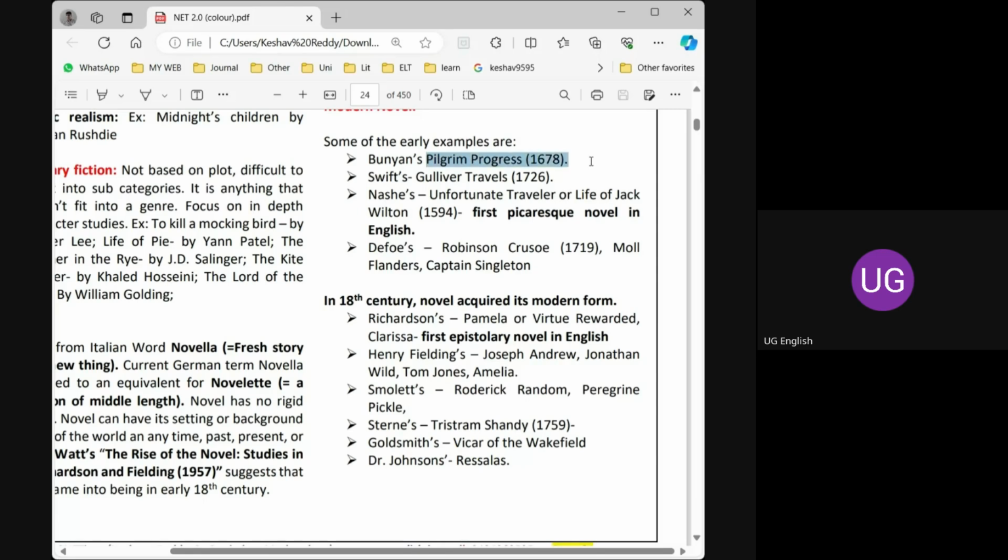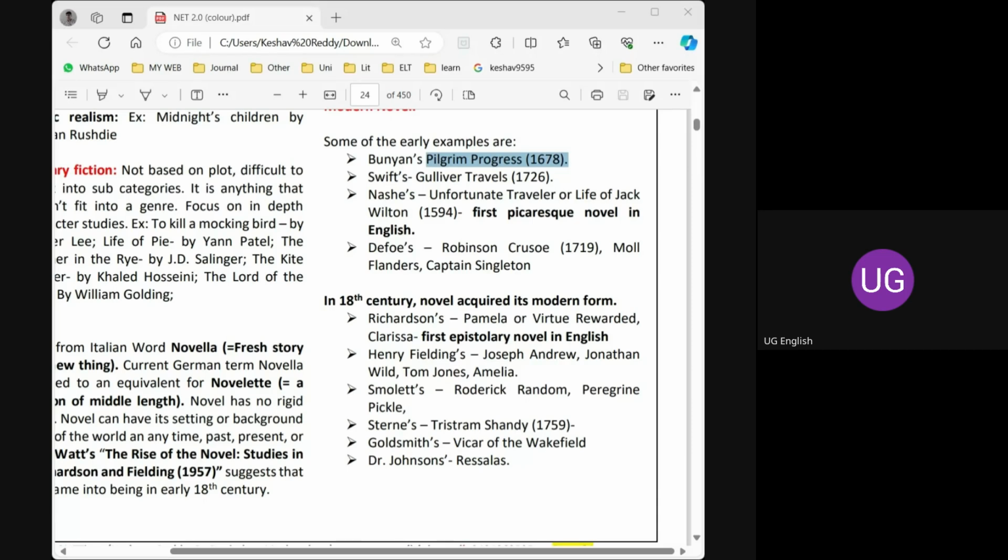So far we discussed in Pilgrim's Progress, there is a description of the Christian's journey in 10 stages. There are 10 stops. Remember this, 10 important stops. It's like a bus journey, in which the Christian travels from this world to the other world.